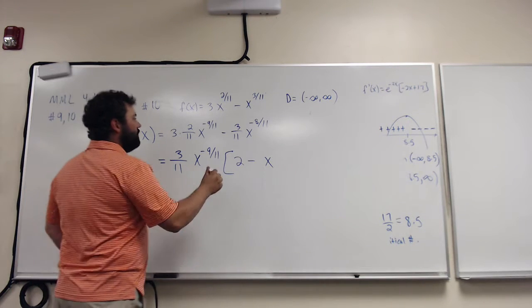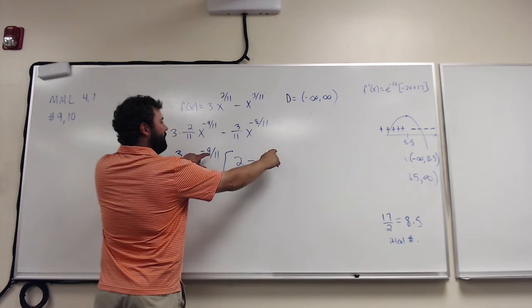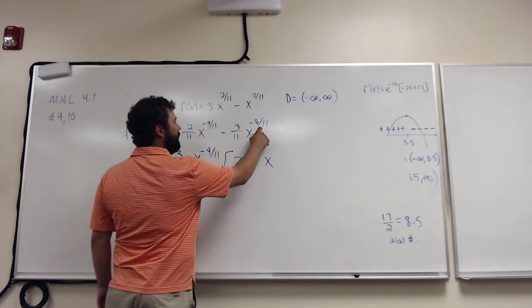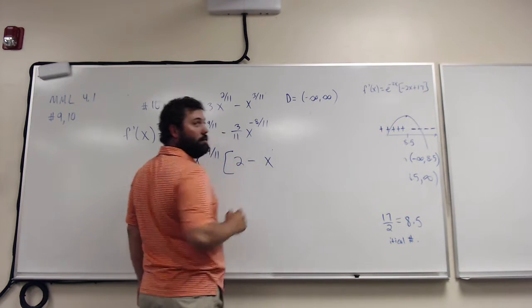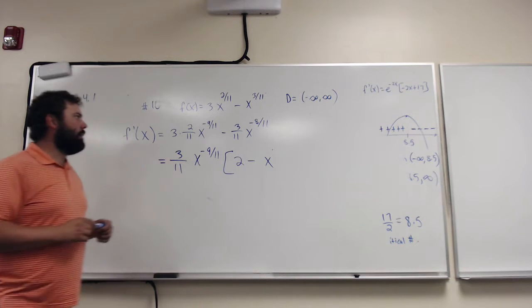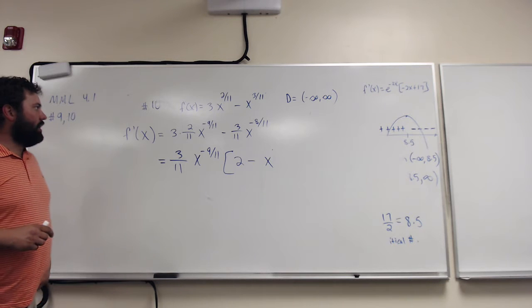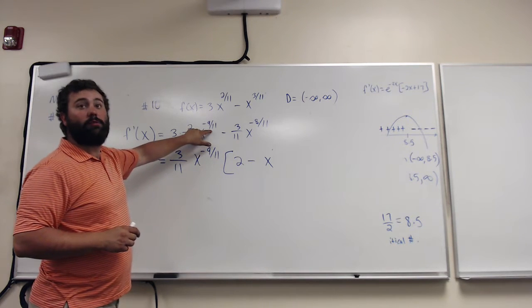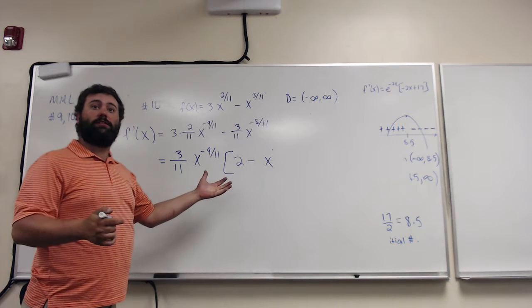Now, when you distribute this back through, you're going to add the powers. And I need to do minus 9/11 plus something to get minus 8/11. I think in the example they actually took out the negative 8/11 and left the negative 1/11 power. They might have, but if I pull the minus 8/11 out of this, I'm going to still have negative exponents. And it's fine, you can do that. You're going to get the same thing I get.